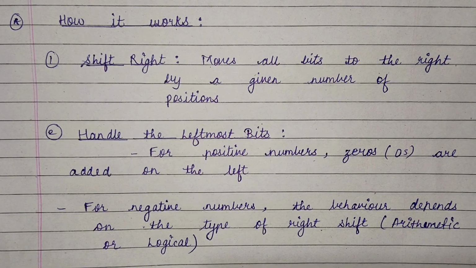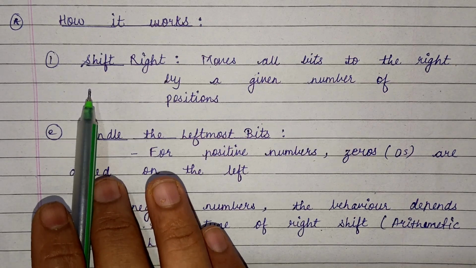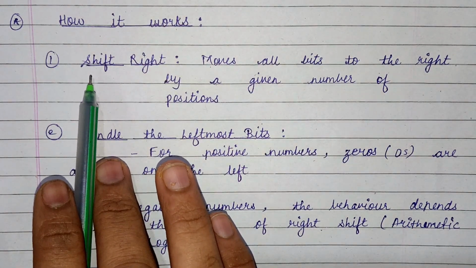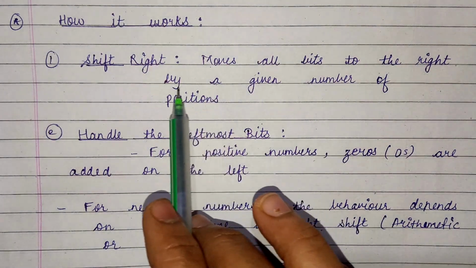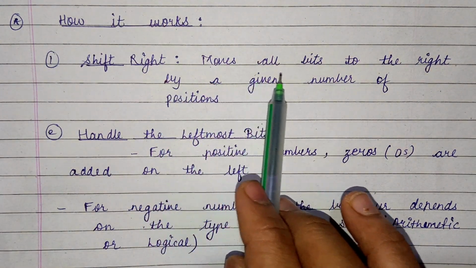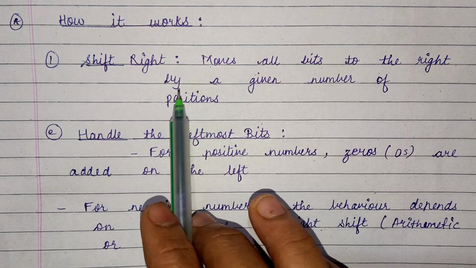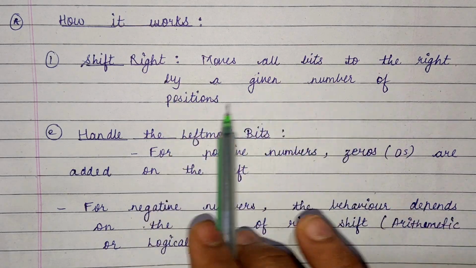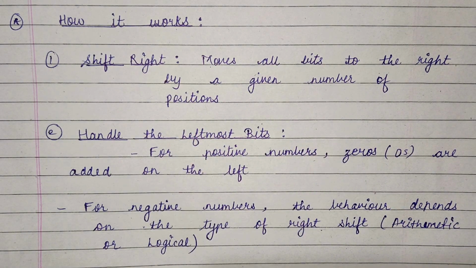Let's see how the binary right shift works. The first point is shift right, which means moving all the bits to the right by a given number of positions. Let's suppose there is a number 5 and we have to move its bits to the right hand side by 1.